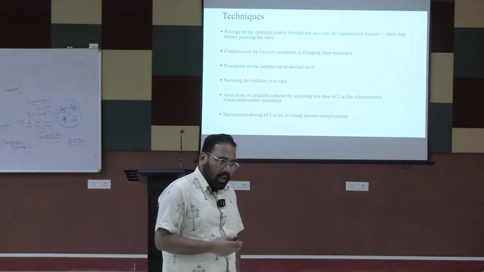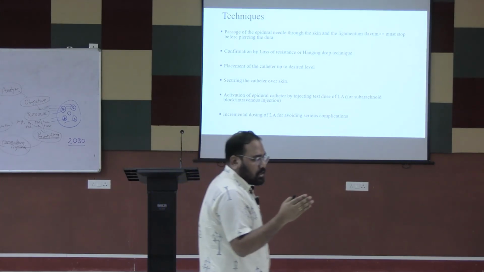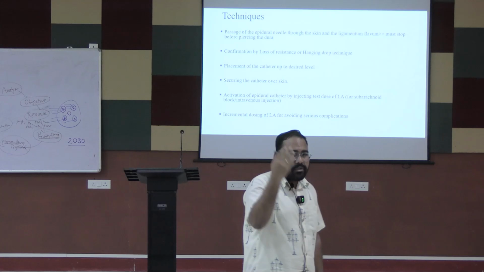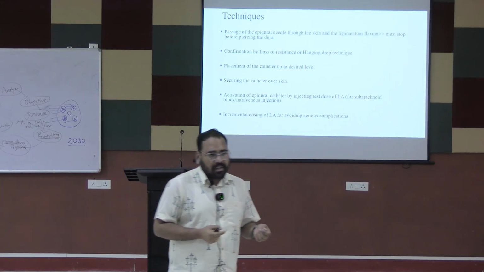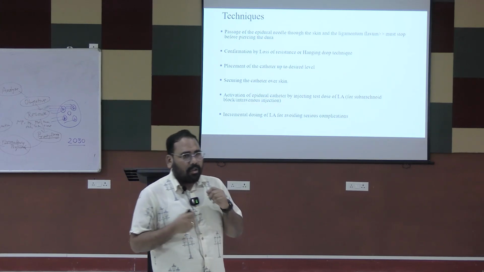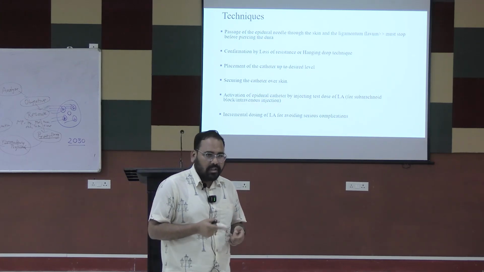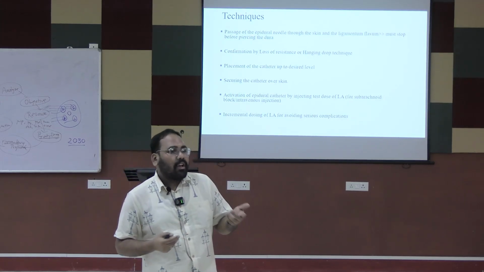Above the dura, there is one ligament called the ligamentum flavum. This is a tough structure because it's a ligament. So when you cut through the ligamentum flavum, there will be a loss of resistance, a giving away sensation.